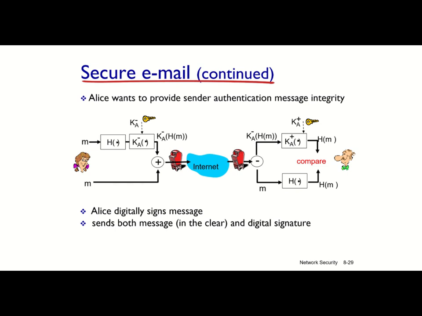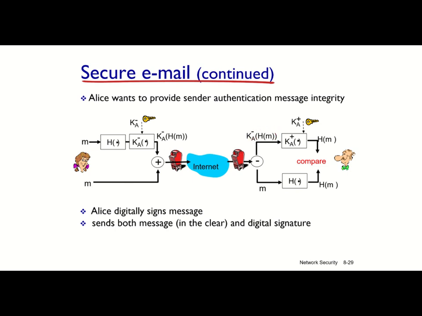And on the Bob side, on the receiving side, Bob can simply apply Alice's public key to the signed message digest to retrieve the hashed message H of M. Also, since the hash function is public, he can apply the hash function to the message that he receives from Alice, and then compare this H of M with the H of M that he got by retrieving, by unlocking or decrypting this message.